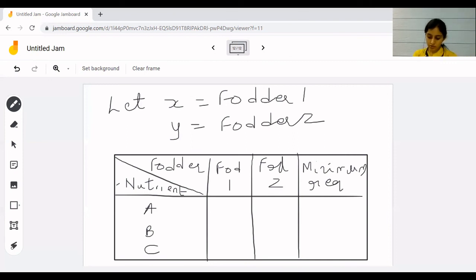So 2, 2, 1 of A, B, C is present in fodder 1, and 1, 3, 1 of A, B, C is present in fodder 2.